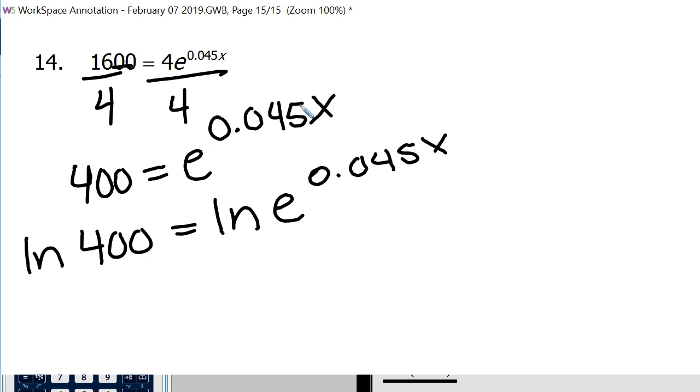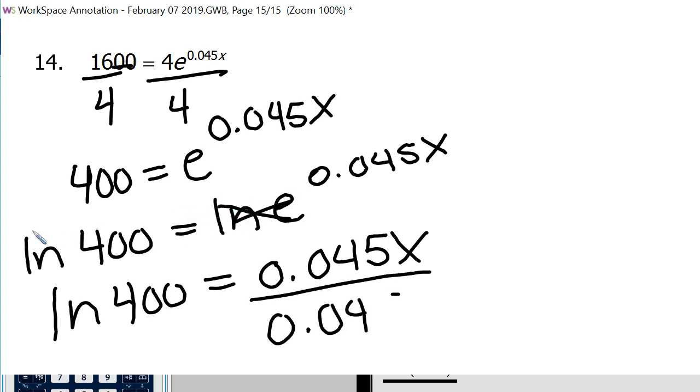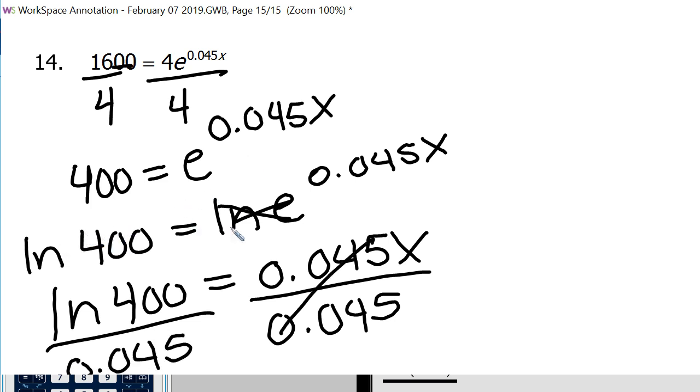And what happens with the natural log of e? They cancel, so it's natural log of 400 equals 0.045x. And divide both sides by 0.045. And what is x to the nearest thousandth?